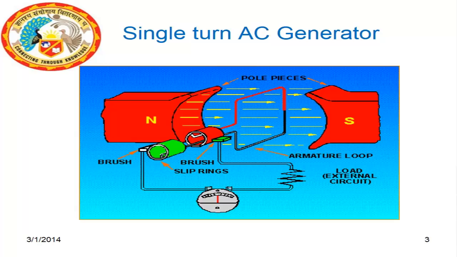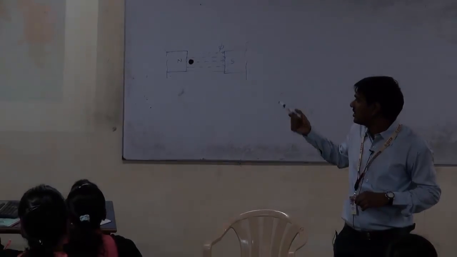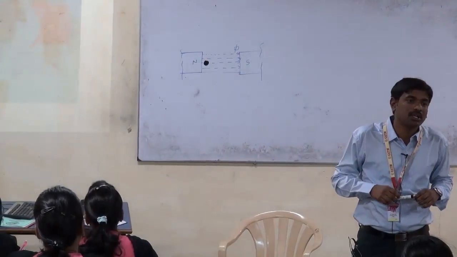These two rings are called slip rings, and they are soldered to the coil ends. The slip rings make contact with the brushes. The brushes are fixed and are connected to the load. The load will receive the current from the single turn coil.